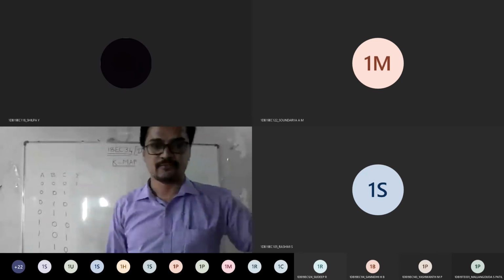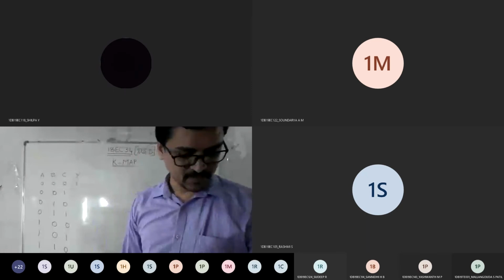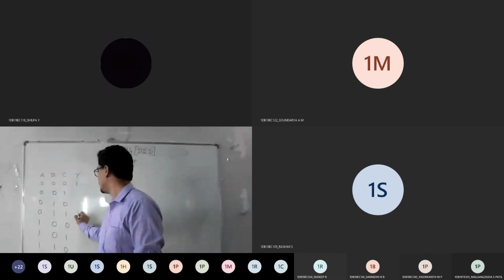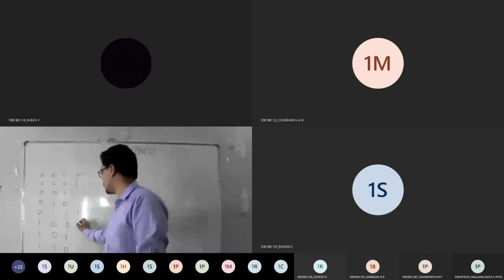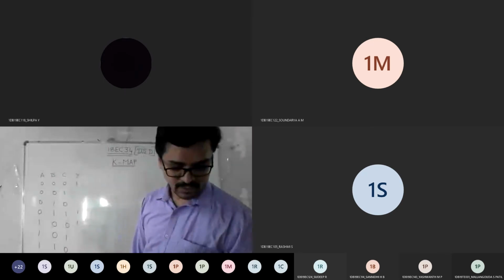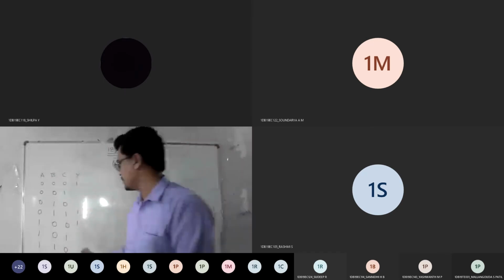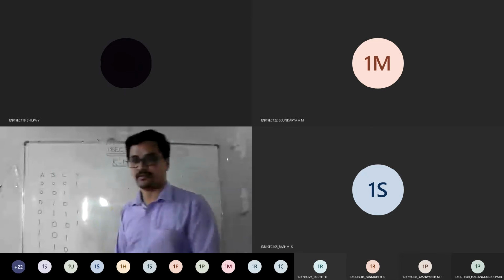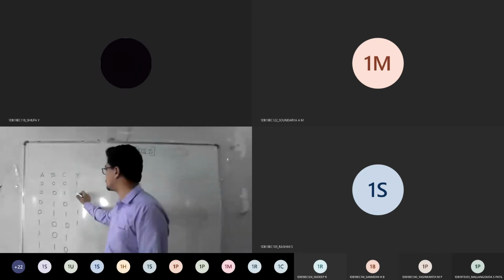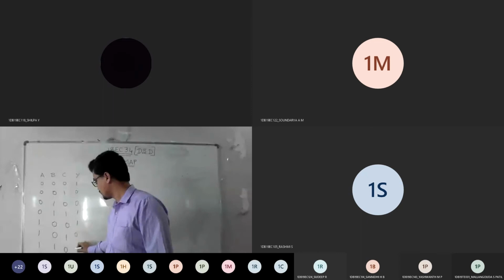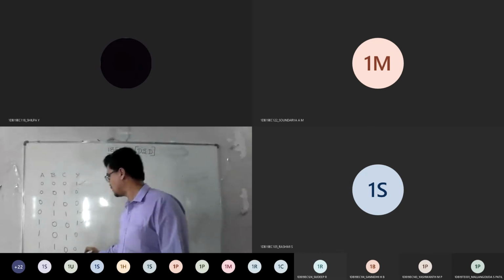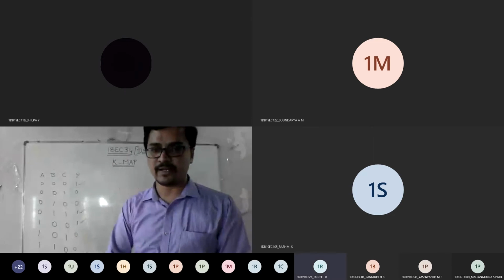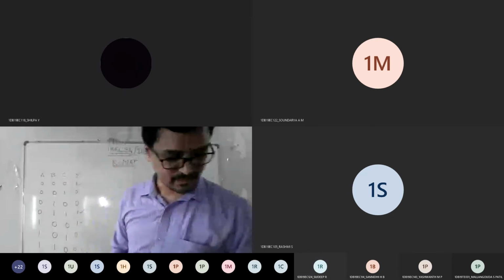For 3 it is 1. 4 is also 1. And last, 7 is 1. So remaining all zeros. So I need to only worry about these 1s. That is where I can build my expression.